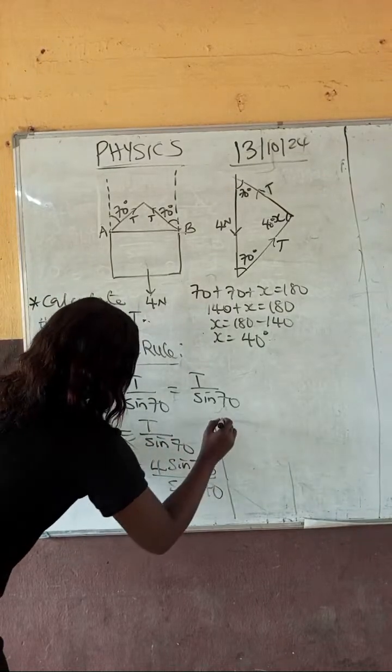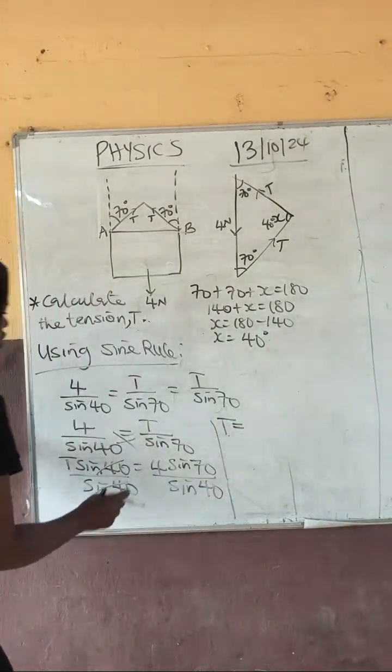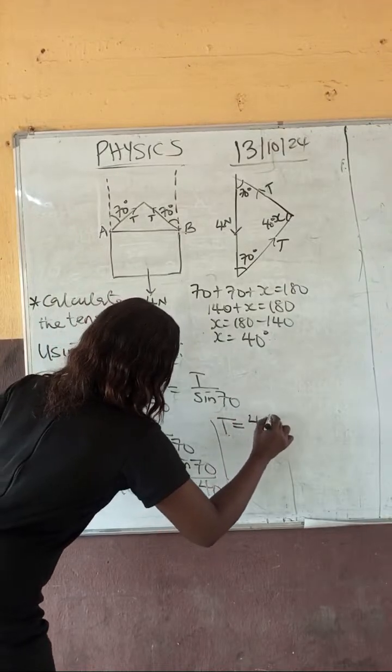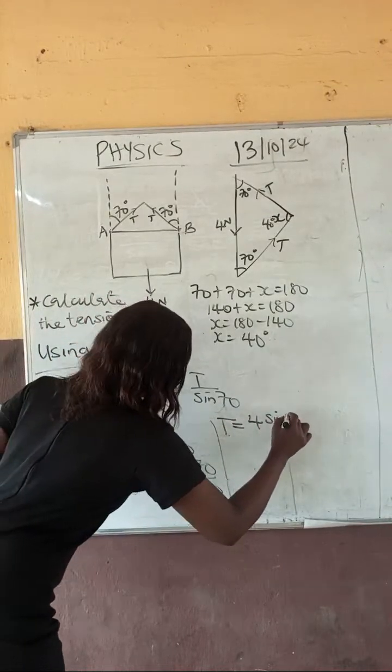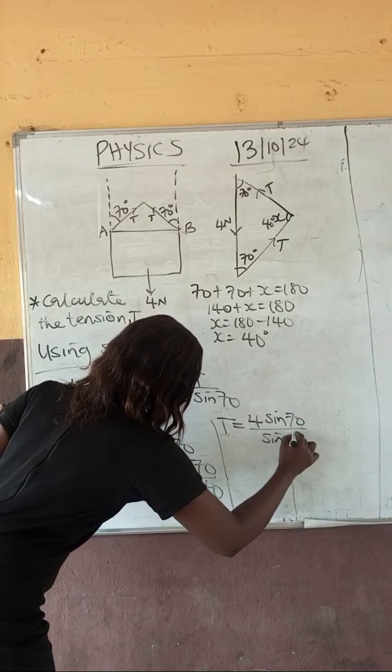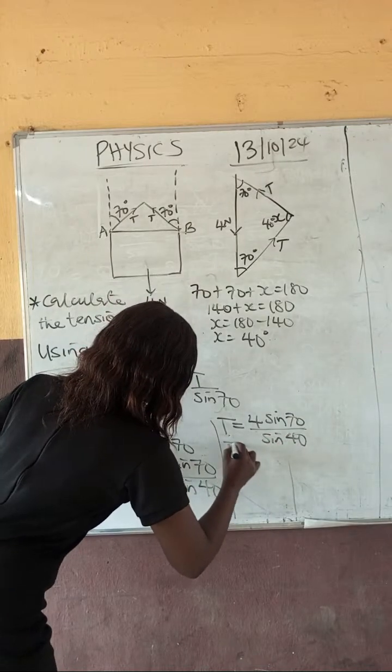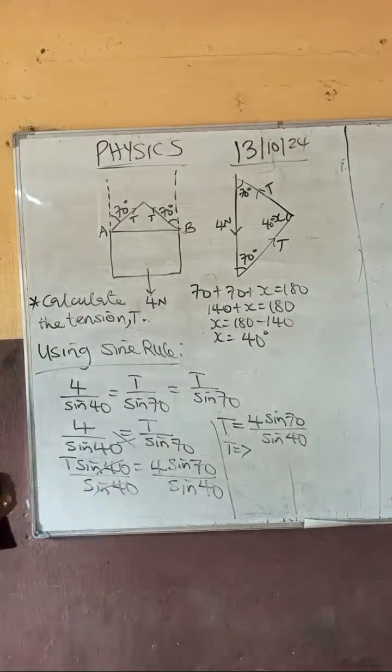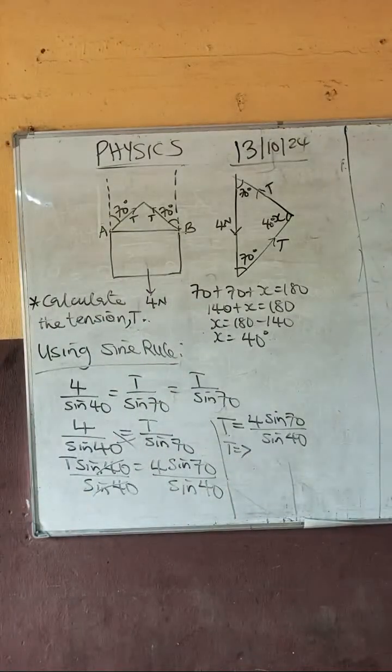I will say T is equal to 4 sine 70 divided by sine 40. So let's work it out with our calculator.